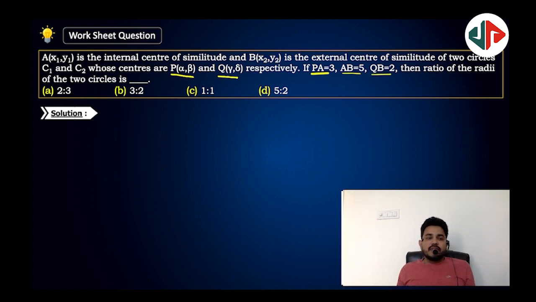The ratio of the two radii of the circles.